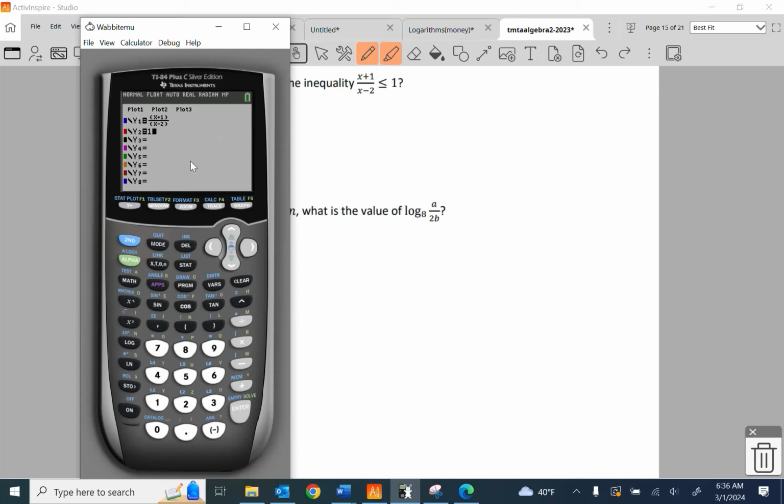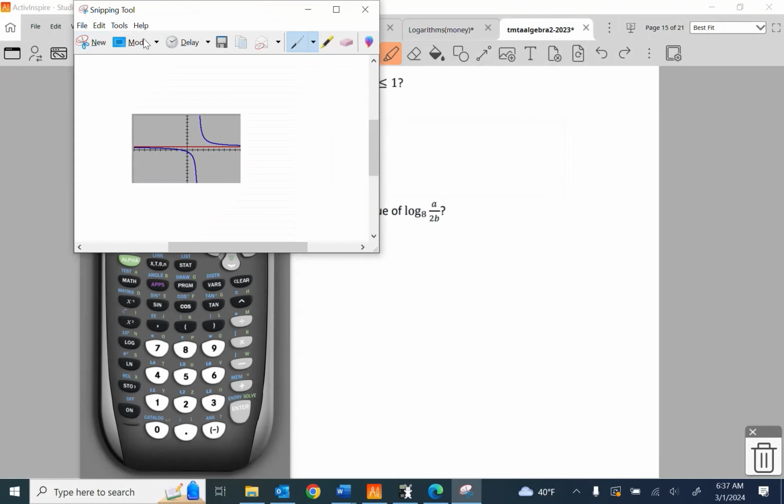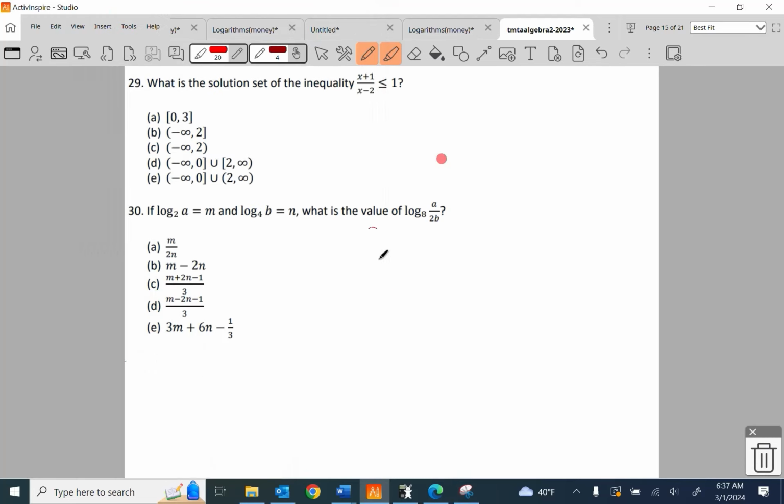Anyways, I'm not going to worry about the symbolism or anything. I'm just going to y1, y2 the thing. Look at old Zoom 6. And I'll talk about how to interpret the results. I might want to adjust my window.